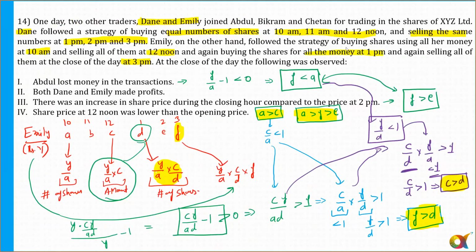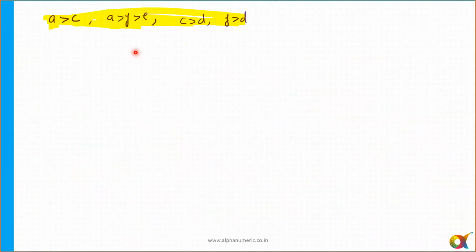Now for Ken, what was given here, let me take a laser pointer and I'll write down on the next slide here. Okay. Ken followed a strategy of buying equal number of shares at 10, 11, 12, and selling the same numbers at 1, 2 and 3. Okay. So if I'm talking about Ken, we need to check the data of Ken.